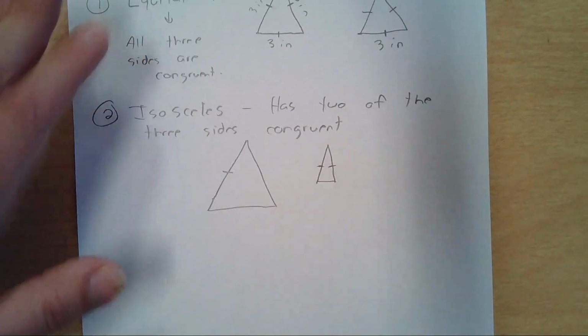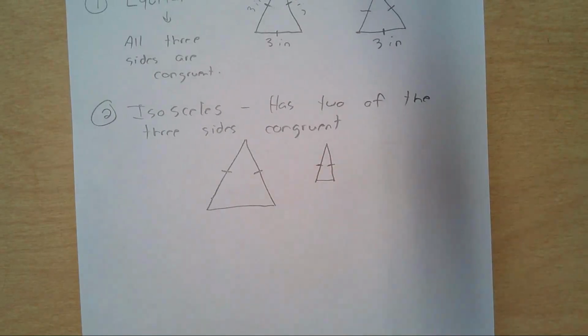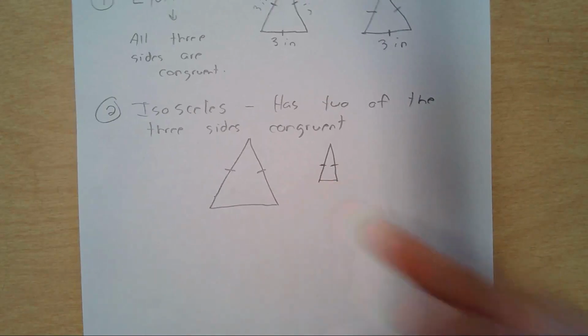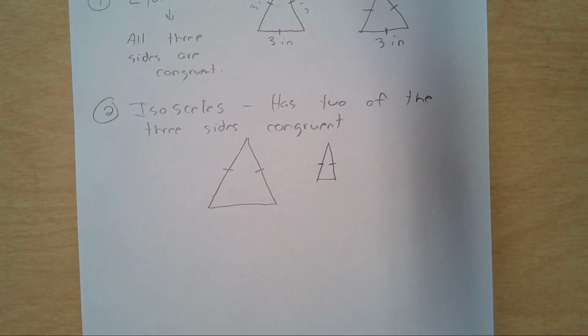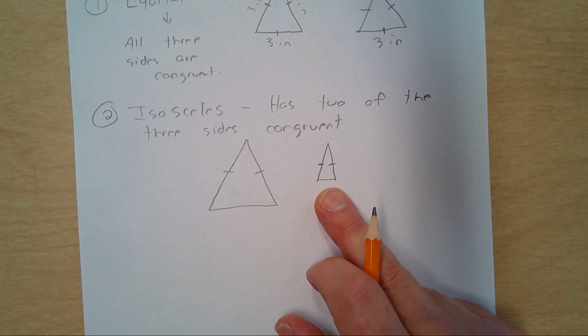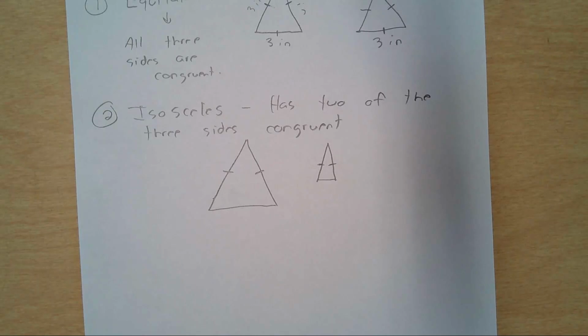Or that one there. That one looks a little equilateral. That one doesn't. So when you're talking about an isosceles, 2 of the 3 sides are identical. The 3rd side will not be. So there's the difference.